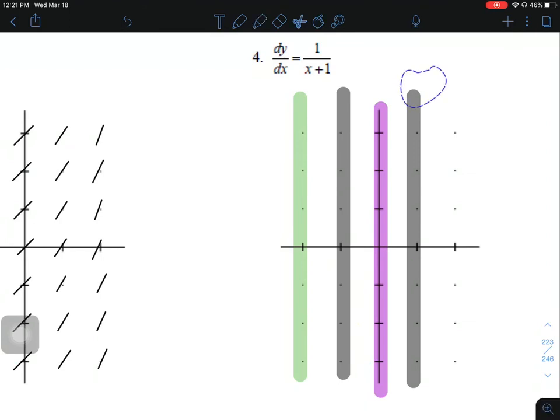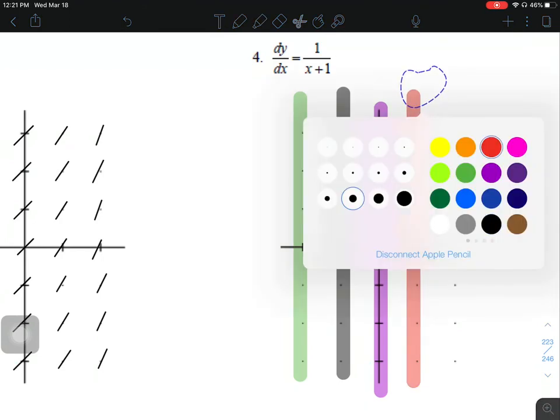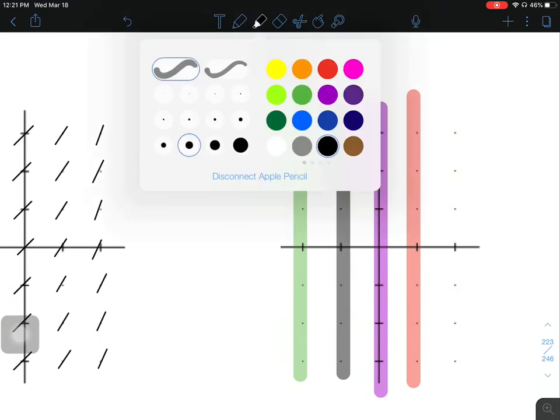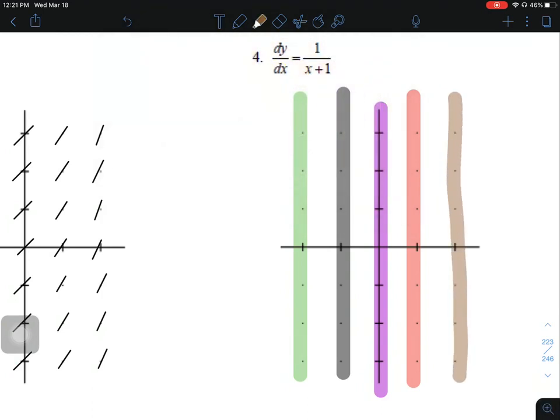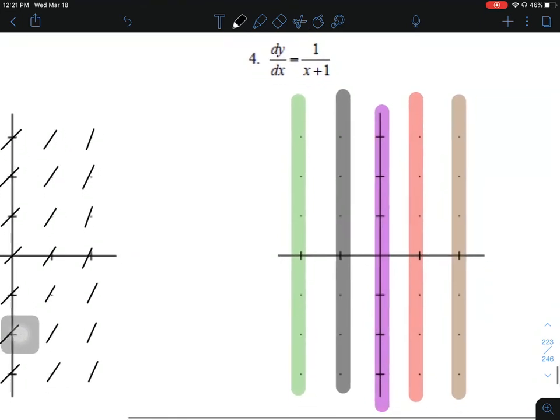I should have chosen a different color. I'm just going to color these up so I can point out a column and then discuss it. So for example, let's take the column that's green, where the x value is -2.